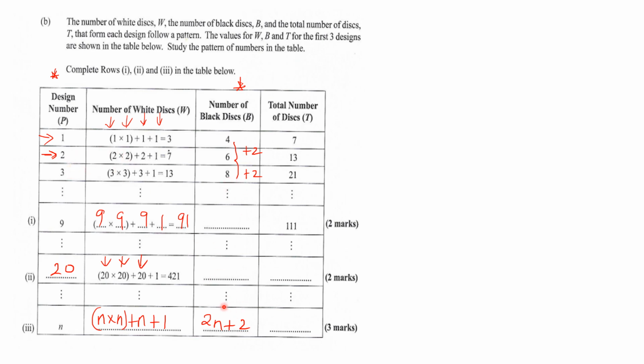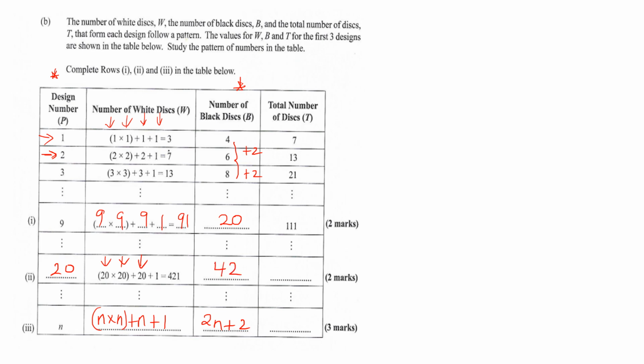Okay, so it works. 2 times 9 is 18, plus 2 is 20. So that answer here is 20. Then 2 times 20 is 40, and 40 plus 2 is 42.